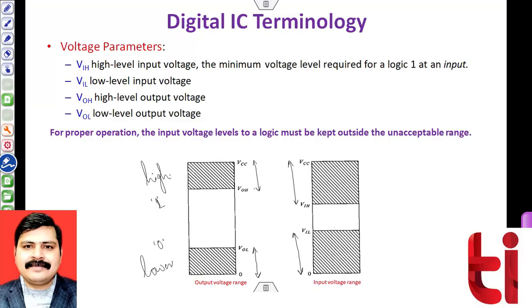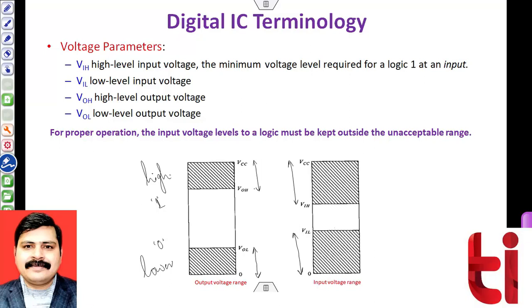Now I am defining the terms. VIH is the high level input voltage, the minimum voltage level required for a logic 1 at an input. Similarly, VIL is the low level input voltage, VOH is the high level output voltage, and VOL is the low level output voltage. And see one thing: for proper operation, the input voltage levels to a logic must be kept outside the unacceptable range.